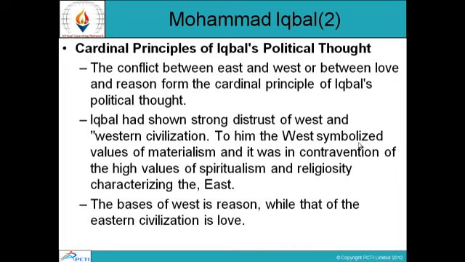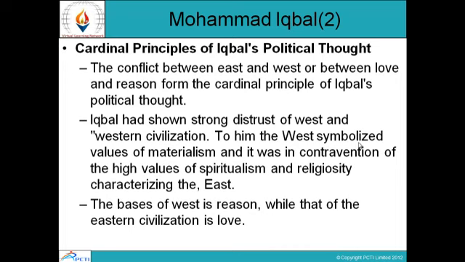To him, the West symbolized values of materialism, in contravention of the high values of spiritualism and religiosity characterizing the East. So the East characterized spiritualism, religiosity, and also positivity.